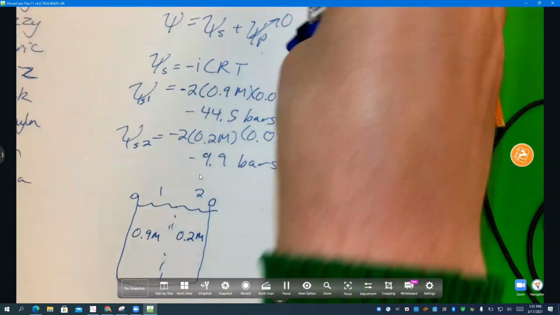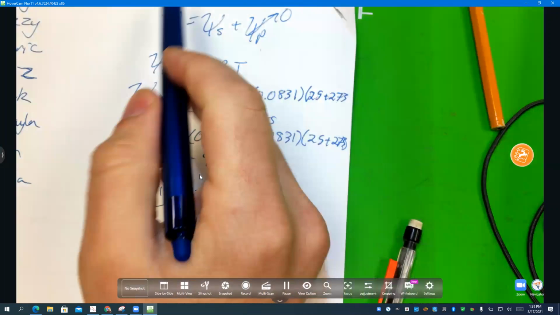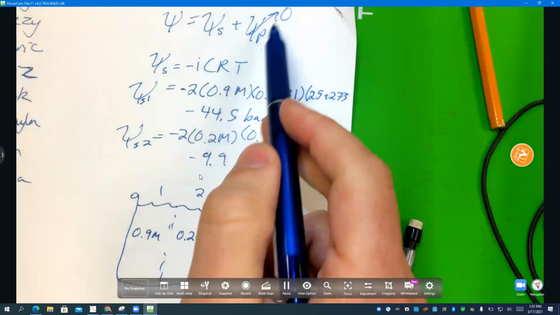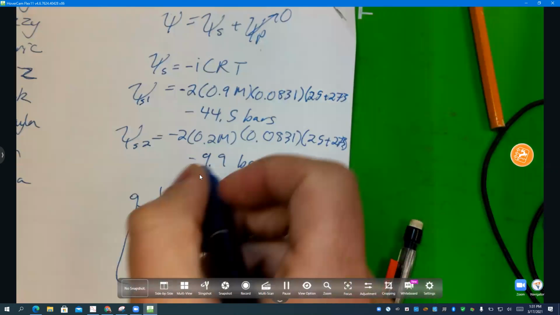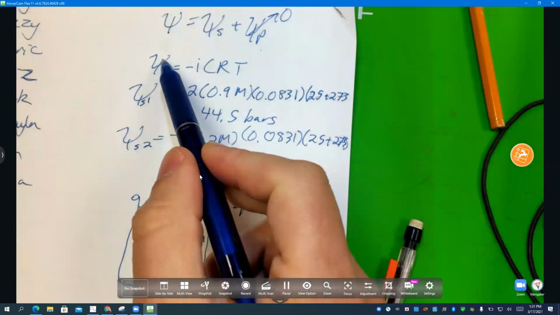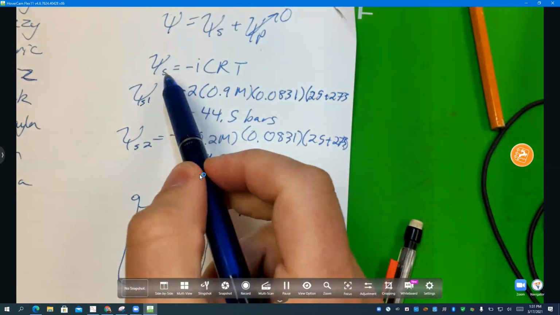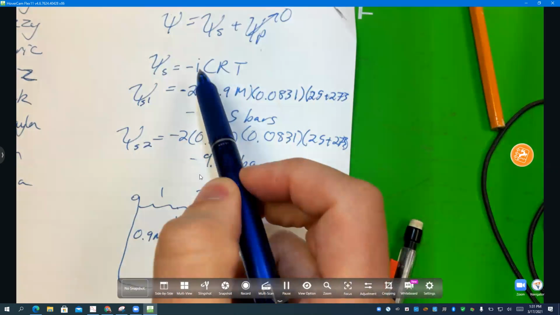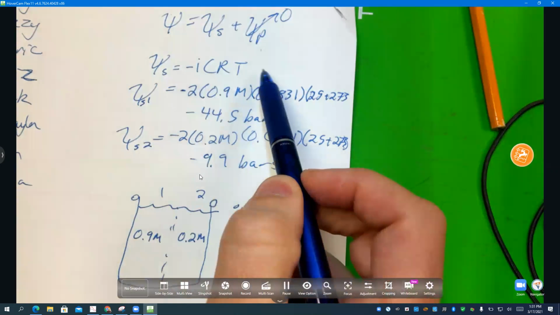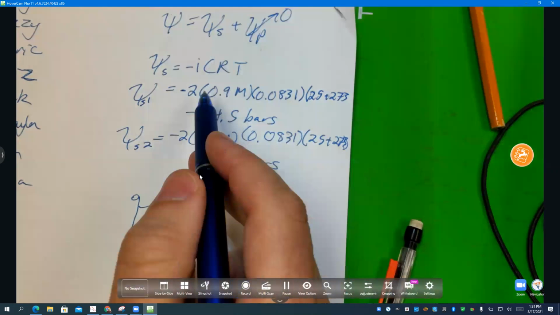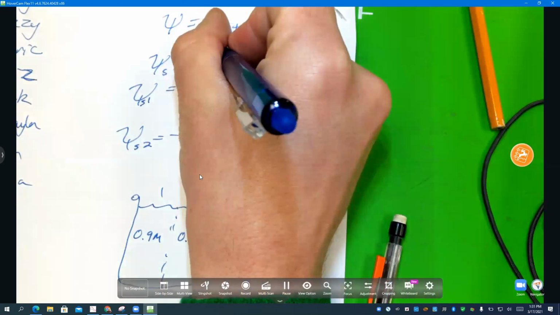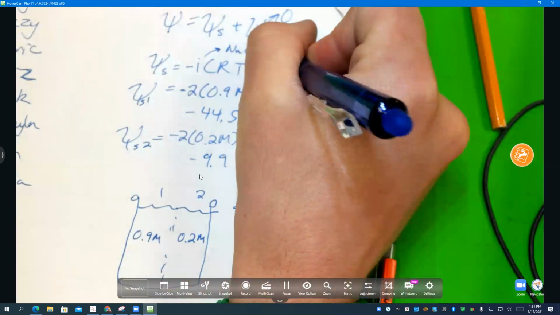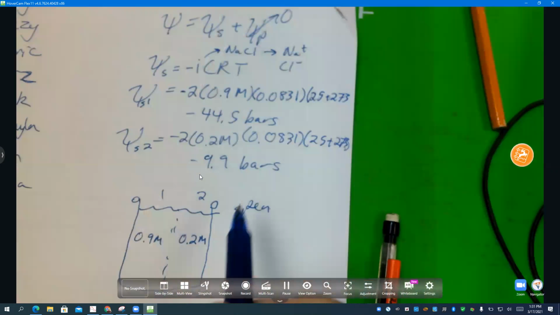Note, I use this overall equation to figure out the water potential. I set the pressure potential equal to 0 because it's an open beaker. And then I can use this equation to figure out the solute potential to get the overall water potential, which is negative iCRT. So that i was 2 because NaCl breaks down into Na plus and Cl minus.